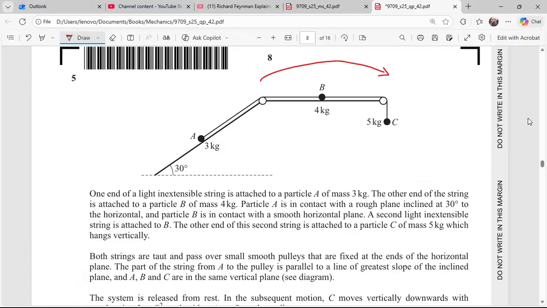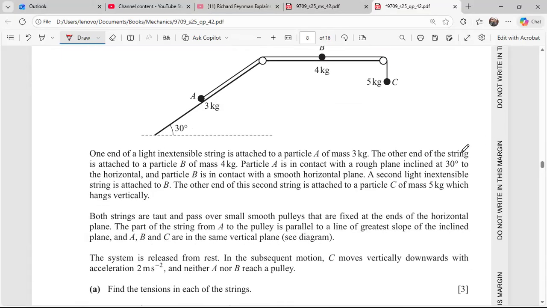And it has an acceleration of... I believe the acceleration is given somewhere here. Okay, yes, the system is released from rest.